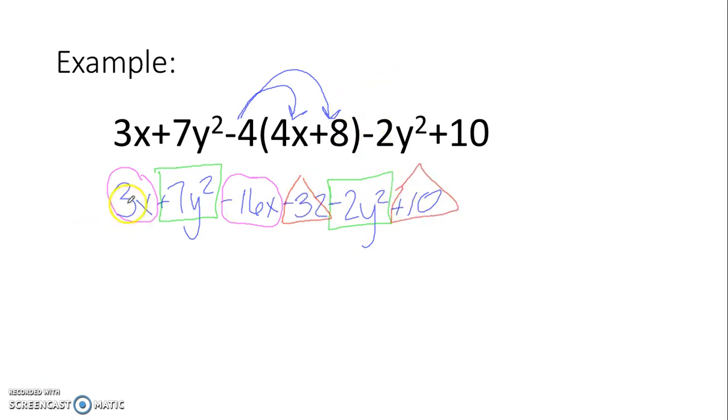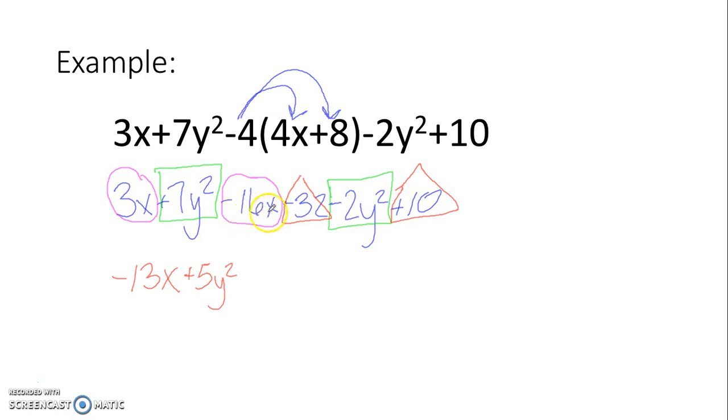Okay, so now let's take a look. 3x minus 16x. So remember that's the same thing as saying 16 minus 3, which is 13x, and then we're taking the sign of the bigger number. Now let's take a look at the y's. Y squareds, we have 7y squared minus 2y squared. Alright, so 7 minus 2 is 5, and since the 7's a bigger number, it's a plus 5y squared.